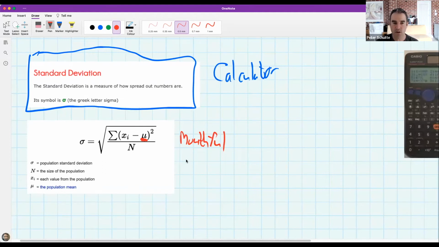Whereas if we took the heights of boys and girls and calculated the standard deviation, it would be higher, because on average, you'd be further away from the middle. That's one way of thinking about it.